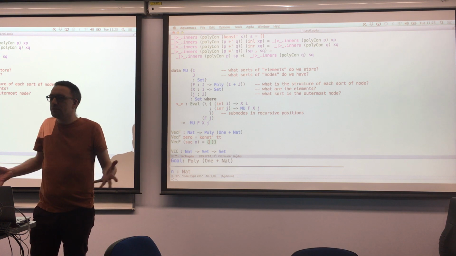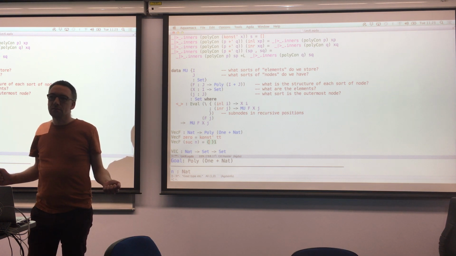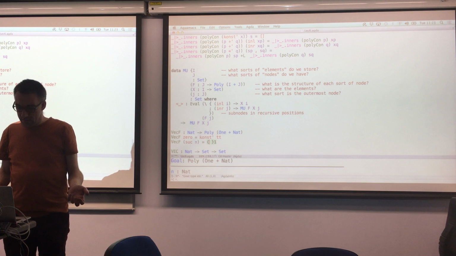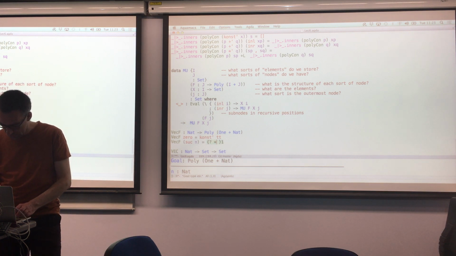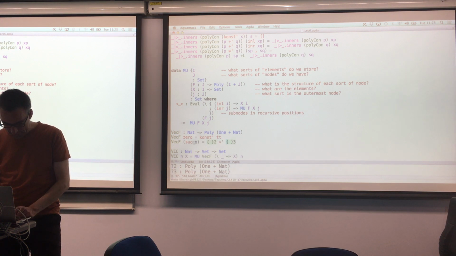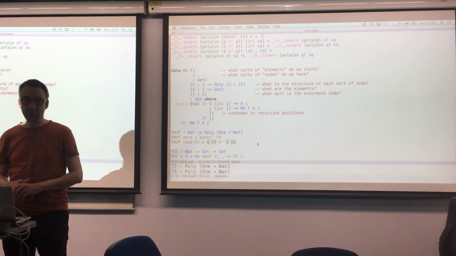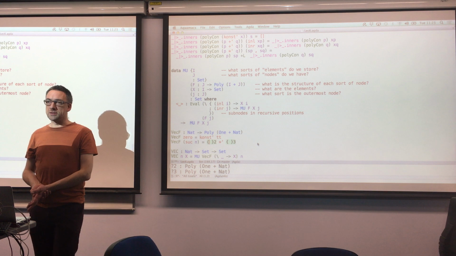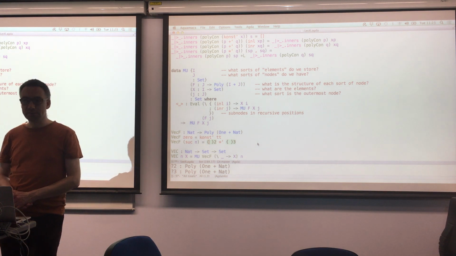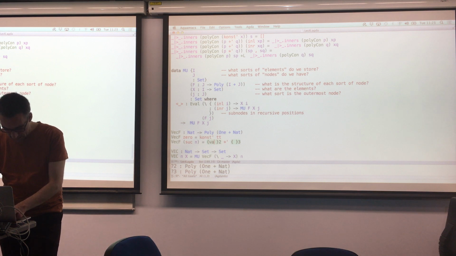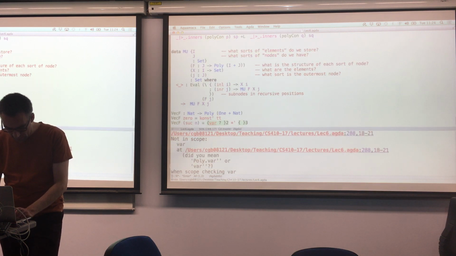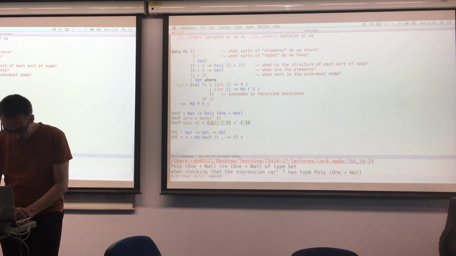What does a cons look like? Well, step 1, it's a pair of a head and a tail. What sort of thing is the head? It's an element. So we're certainly going to have to give a variable or quote.